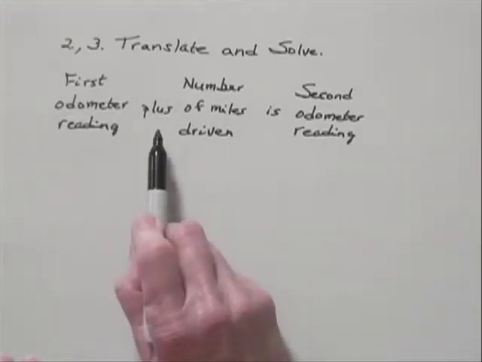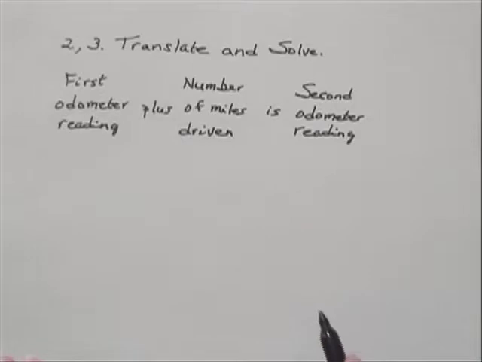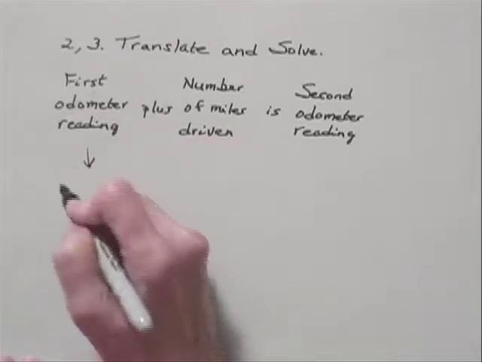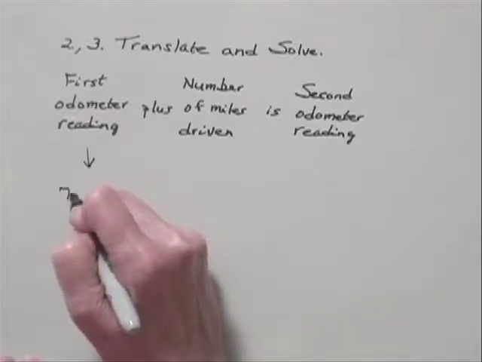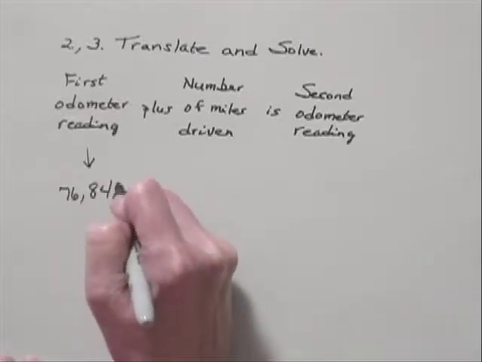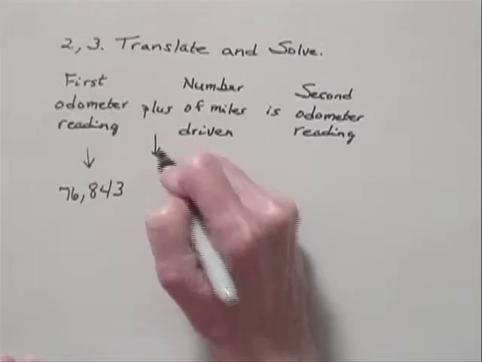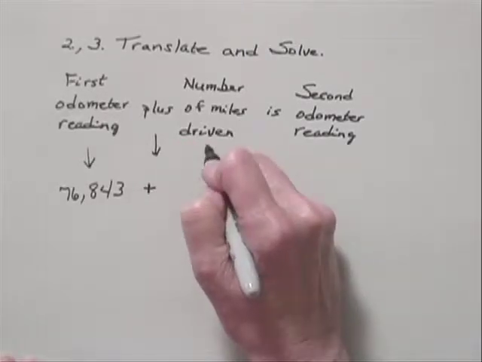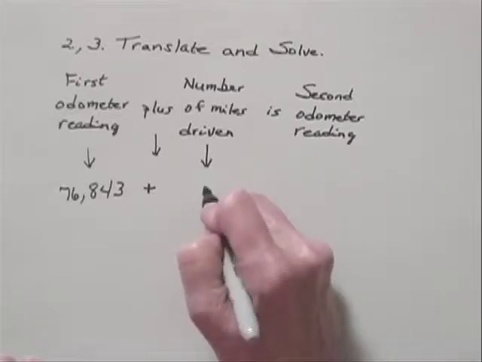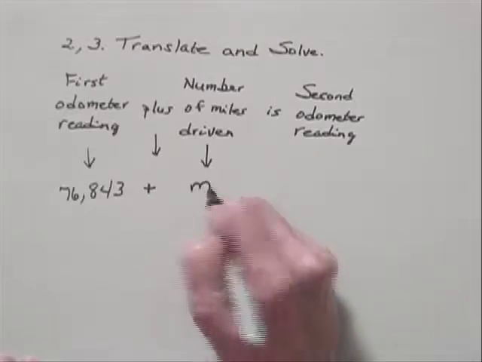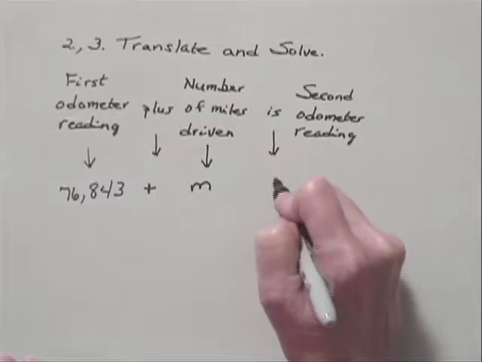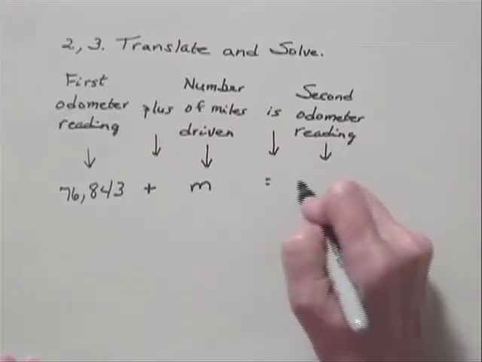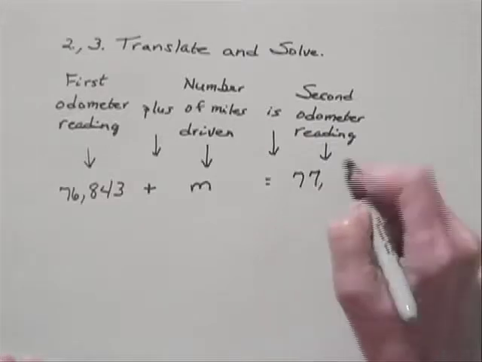So first odometer reading plus the number of miles driven is the second odometer reading.